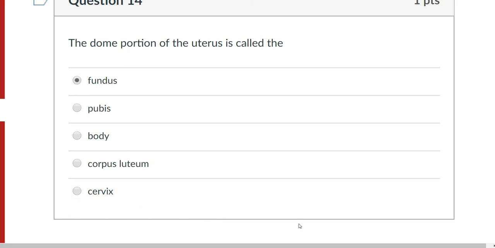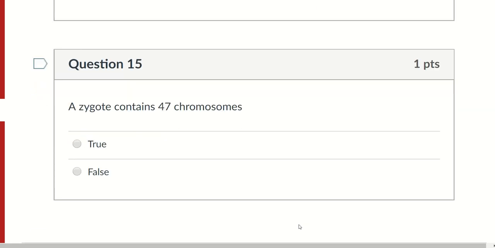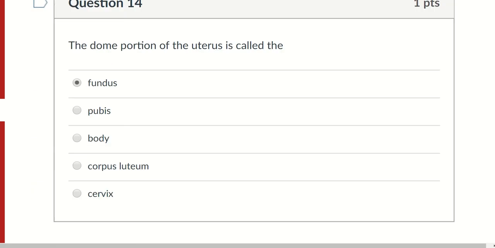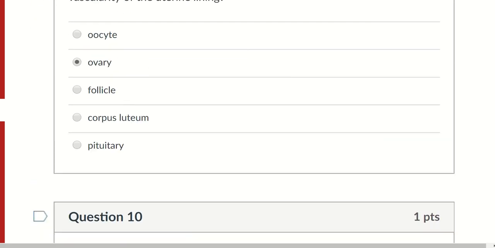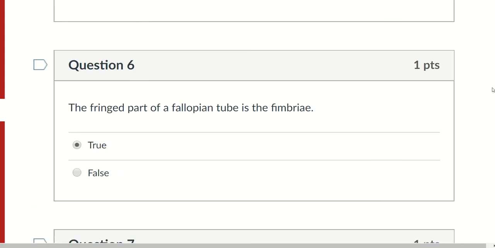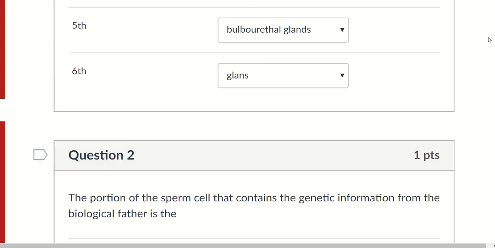So the fundus is the dome portion. A zygote contains 47 chromosomes. So how many should there be? 46. All right, do we answer everything? All right, I'm going to submit this one. We'll take a look at the results. So we'll stick with these answers and then we'll take a look at them real quick.